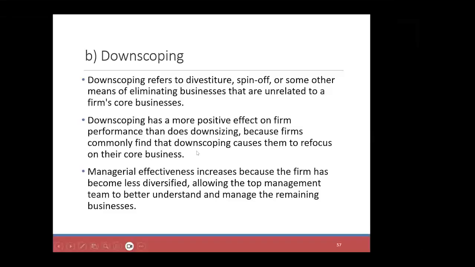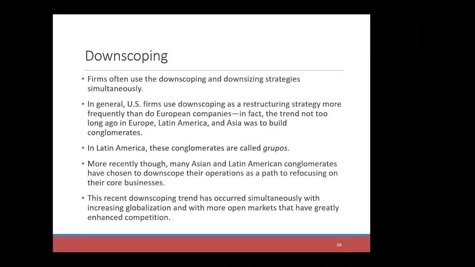So downscoping automatically includes downsizing, right? But it helps you focus on your core business. So downscoping is frequently used by American firms as compared to other parts of the world, because we have seen that in other parts of the world, firms have a lot of conglomerates and business groups, unrelated diversified business groups, right?